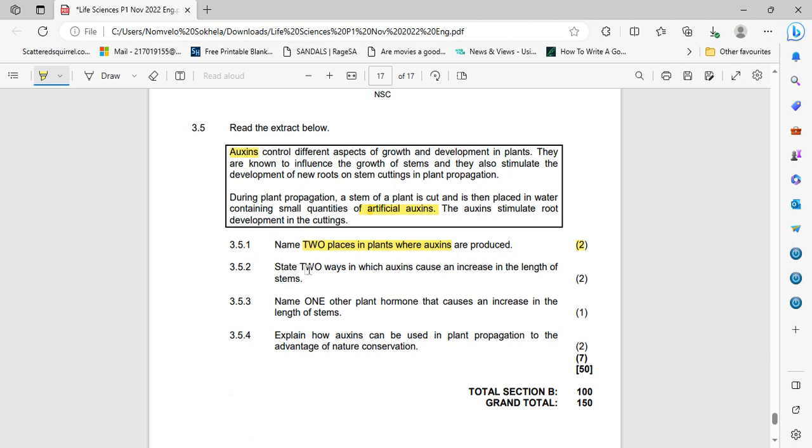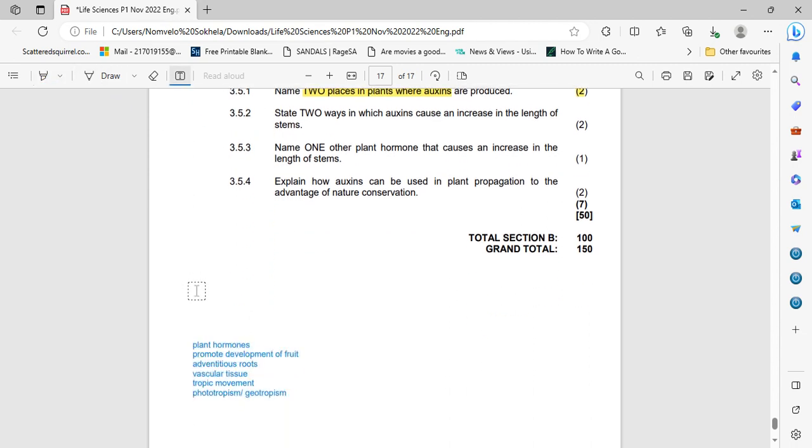Then it says state two ways in which auxins cause an increase in the length of the stems. Now you have to go back to the information that you have learnt in class. Remember, we said auxins stimulate cell division. So, in order for cells to divide, in order for mitosis to happen, it is because of auxins. So auxins aid in cell division and cell elongation, meaning cells becoming longer.